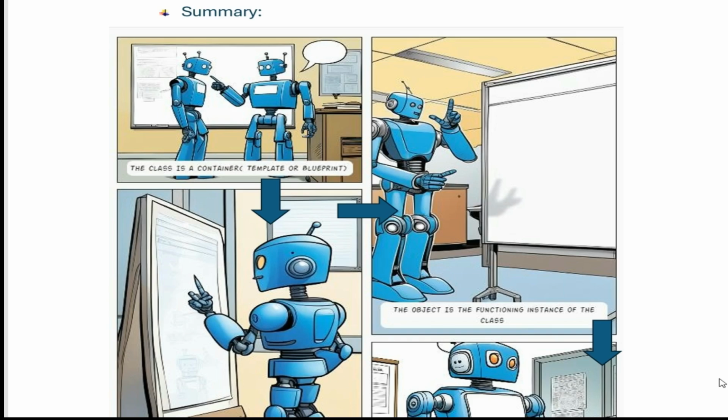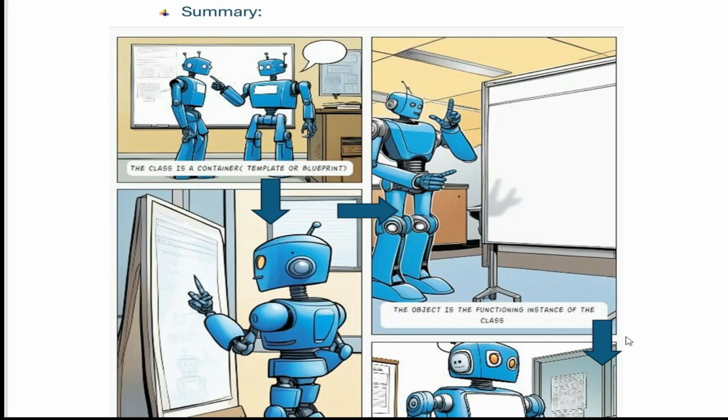Now let's summarize. The class is a container, template, or a blueprint which contains functions, variables, pieces of code, methods, and so on. The abstraction is using the class only as a template, but no objects can be created with reference to it.